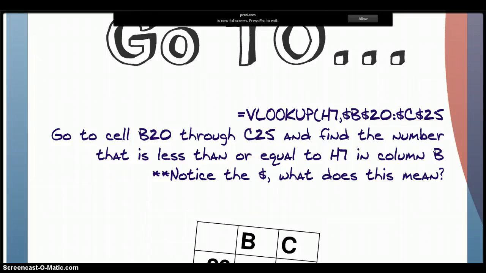So go to the cells B20 through C25 and find the number that is less than or equal to H7 in column B. And I'm going to show you what I mean by that. But before we do anything else, I want you to notice the dollar signs that are found on B20 and C25. Remember, that means that these cells are absolute. They're never going to change. And you should always have this part of the function in absolute reference.